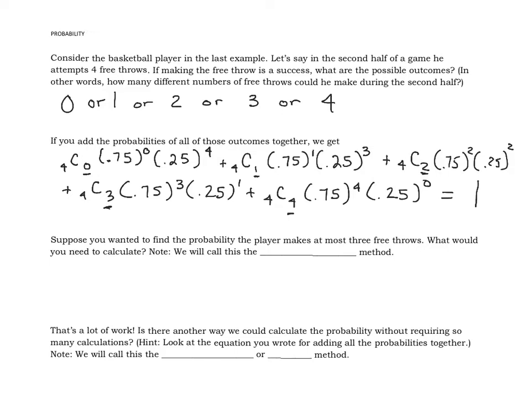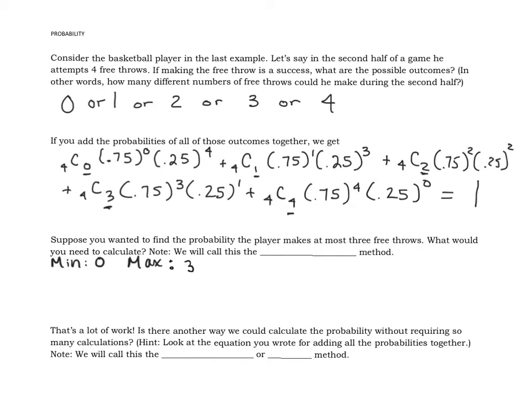Suppose you wanted to find the probability the player makes at most 3 free throws. What would you need to calculate? So we're looking at the minimum being 0, and the maximum would be 3.